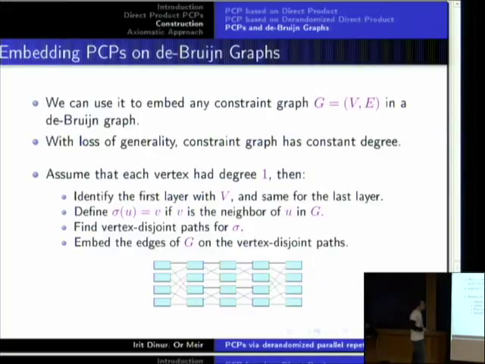So now what we do is identify the first layer with the vertices of the original graph, and the same for the last layer. And now we find the vertex disjoint paths from each vertex of the original graph on the first layer to its unique neighbor in the graph on the last layer. After we find those vertex disjoint paths, we embed the edges on those paths.